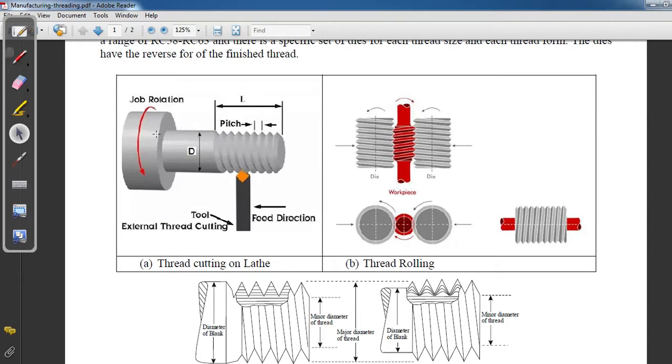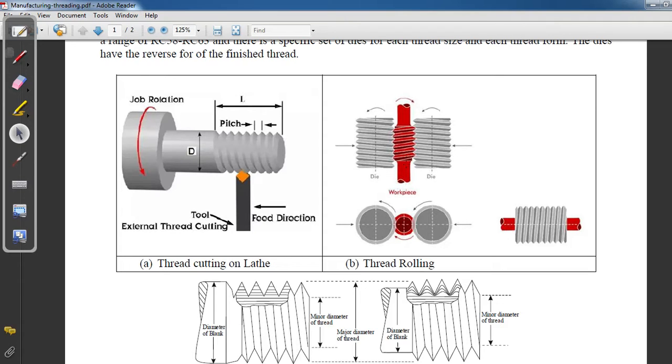We know, as we have done in experiments or labs, that threads can be made on a material by cutting on a lathe. This figure denotes thread cutting on a lathe, so we are familiar with this process. But another process is thread rolling, in which we have two rollers with opposite external thread forms made on the dies, and the center piece is your workpiece.